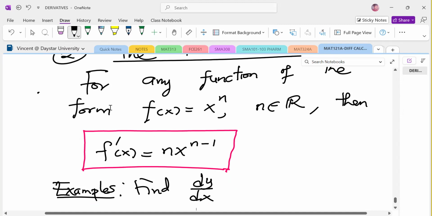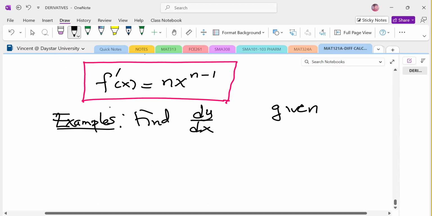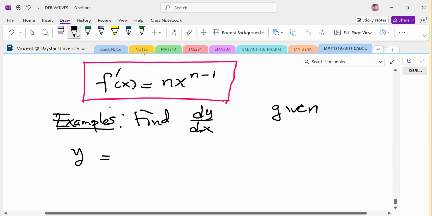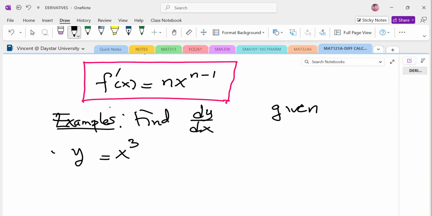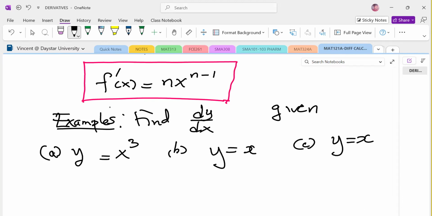So find dy dx given that a, y is x to the power 3, b, y is given by x, c, y is given by x to the power minus 4. Let's start with this.